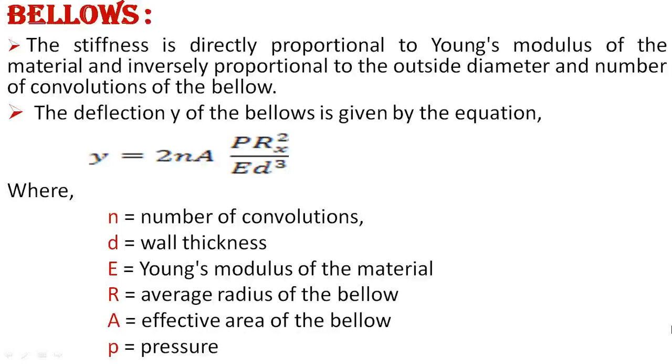The deflection Y of the bellows is given by the equation Y = 2NAPRX²/(EDQ), where N is the number of convolutions, D is the wall thickness, E is the Young modulus of the material, R is the average radius of the bellows, A is the effective area of the bellows and P is the pressure.